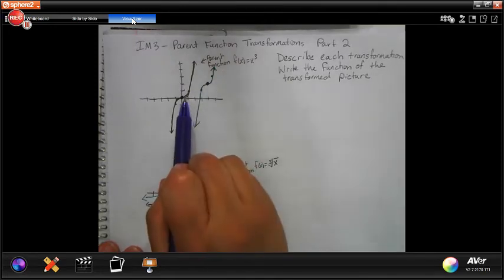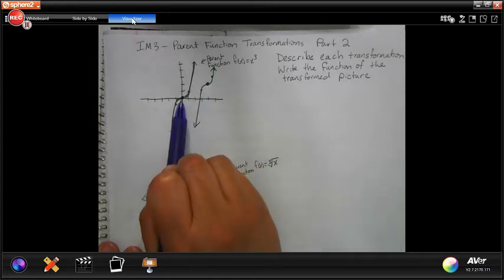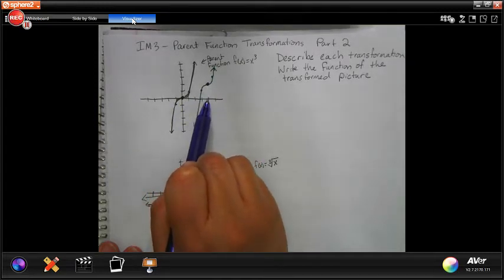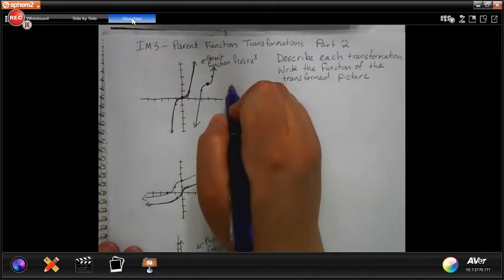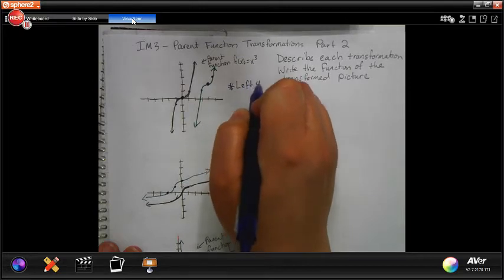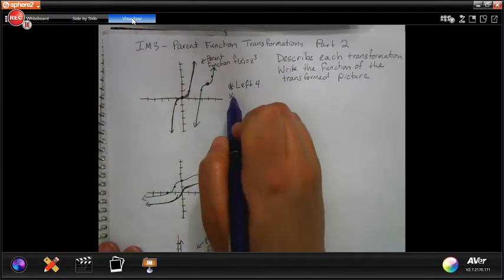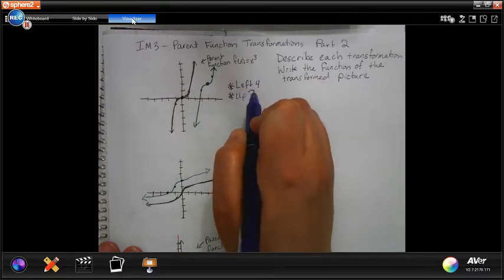But what does happen is this center point moves over here. It moves 1, 2, 3, 4 spaces left, 2 spaces up. So those are our changes here: left 4 spaces and up 2 spaces.